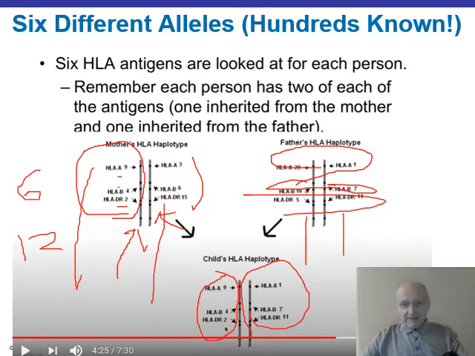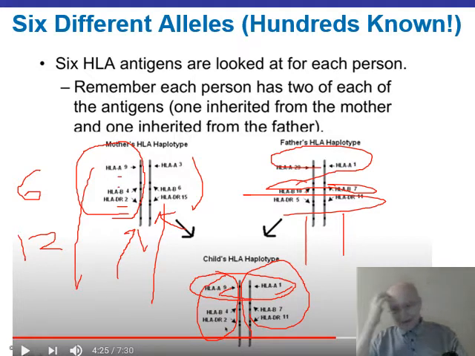Now, the thing is, these are highly, highly polymorphic. And what that means is there are many, many different alleles for each of these genes. So you can see you have 9 in one, and you can actually have hundreds of them. They're the most polymorphic genes known, as a matter of fact, in terms of alleles.